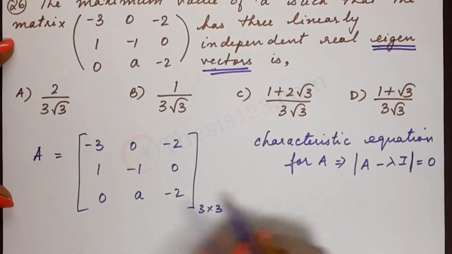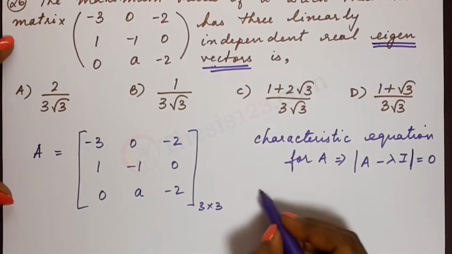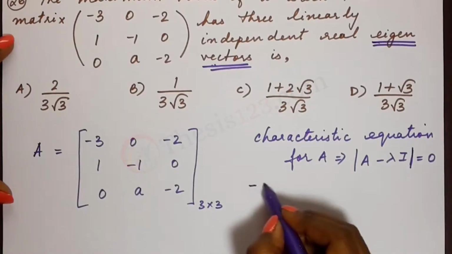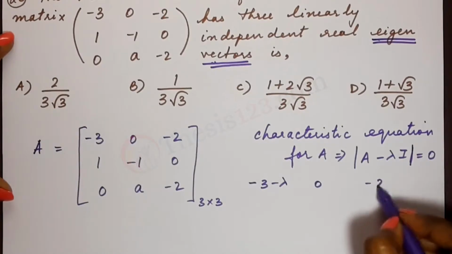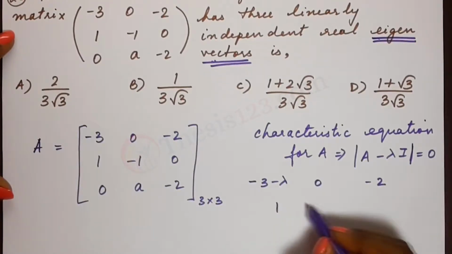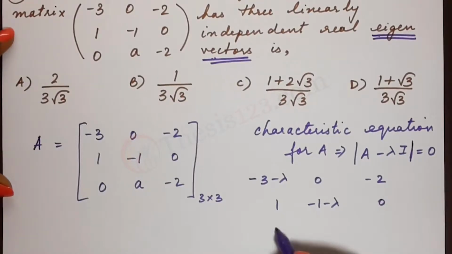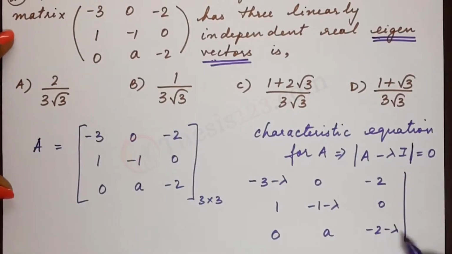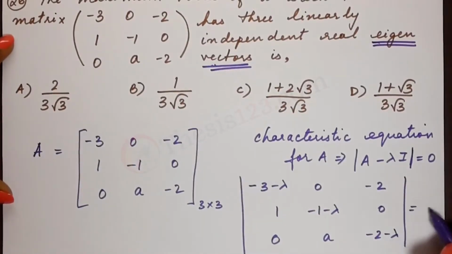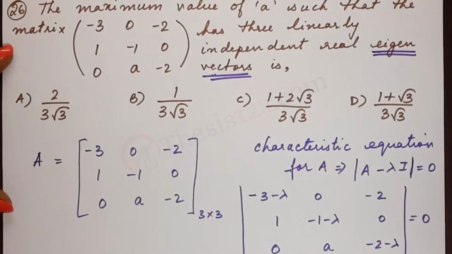So now let's apply this to the matrix here. A now becomes -3 minus lambda, 0, -2, 1, -1 minus lambda, 0, 0, A, -2 minus lambda. And the determinant of this is equal to 0 according to the characteristic equation.